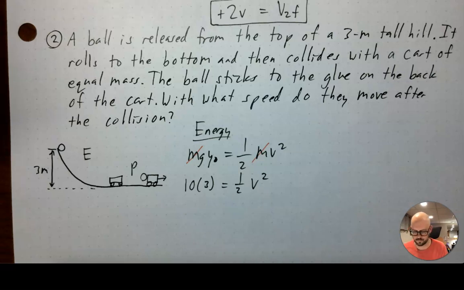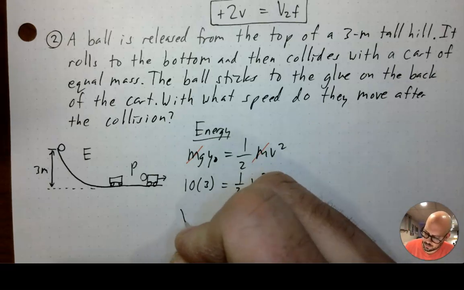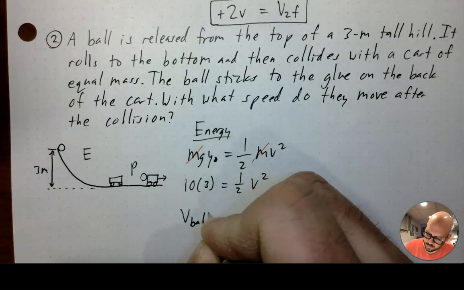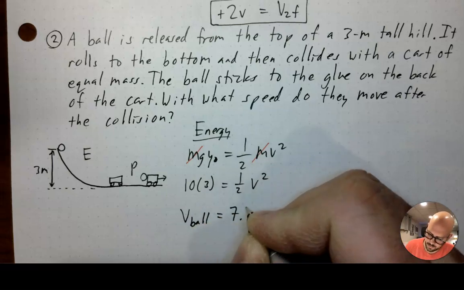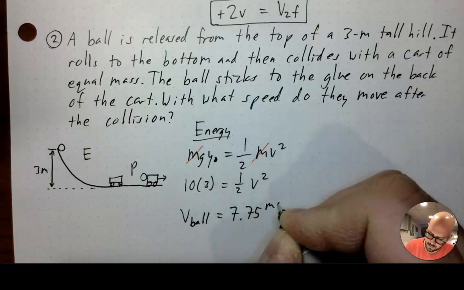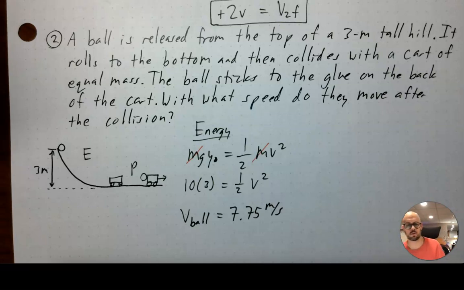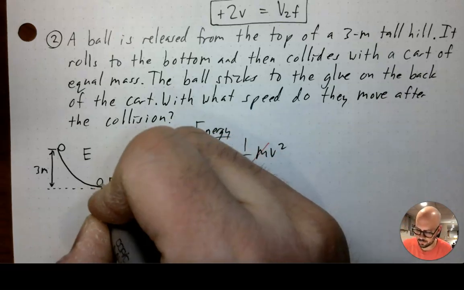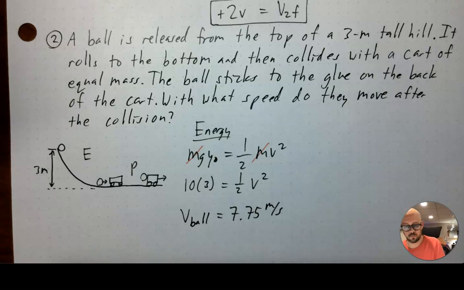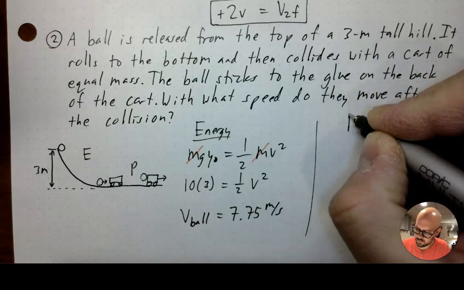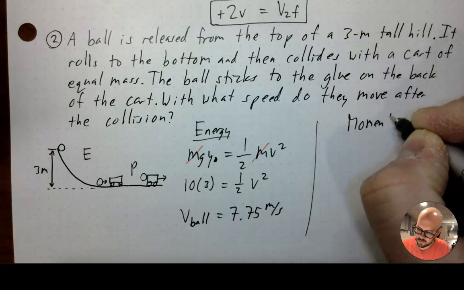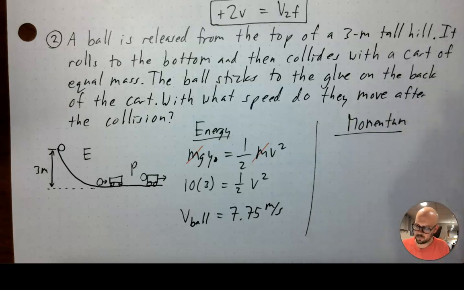So if I manipulate that, I get that the velocity of the ball is 7.75 meters per second. So when the ball gets to the bottom of the hill, it's moving at 7.75 meters per second.